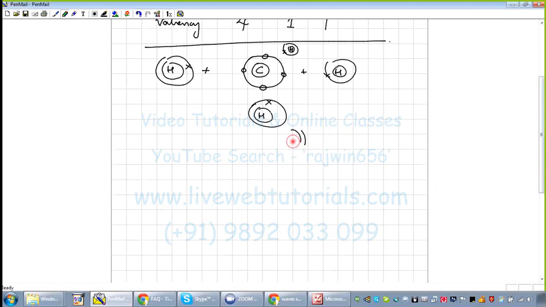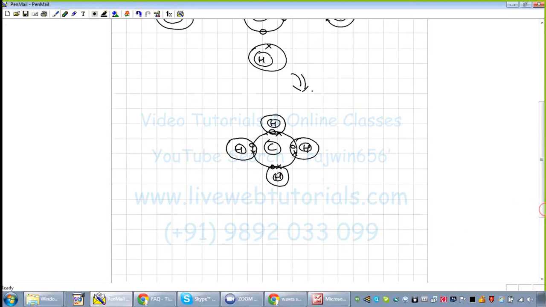Okay, first draw the carbon atom in the center. Okay, one electron each, one of carbon and one of hydrogen. The nucleus of the hydrogen atom. Okay, so this is your methane molecule.